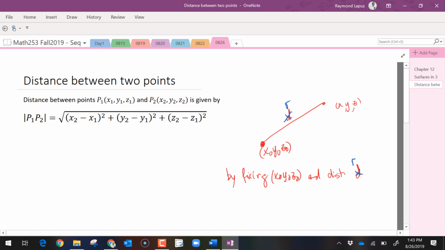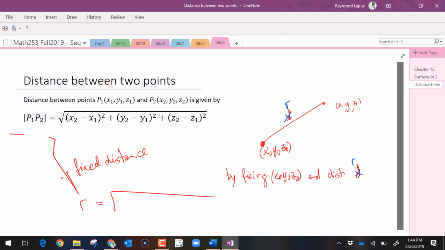So if your distance was fixed, then that means you can write this equation where you have a fixed distance, and then you're looking for the distance between x naught, y naught, z naught, and some random point x, y, z.